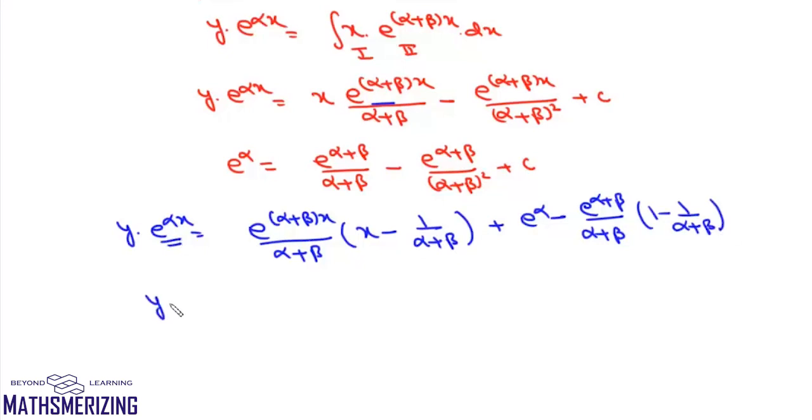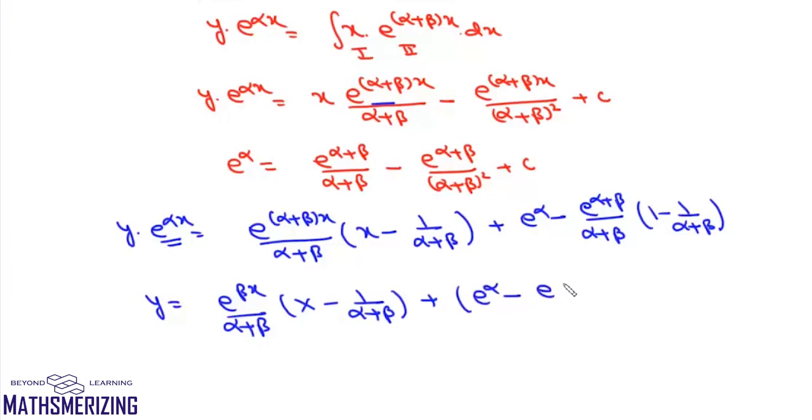On the right hand side, we can write y equals e to the power beta x upon alpha plus beta, and this is x minus 1 upon alpha plus beta, plus e to the power alpha minus e to the power alpha plus beta upon alpha plus beta, and 1 minus 1 upon alpha plus beta, e to the power minus alpha x.